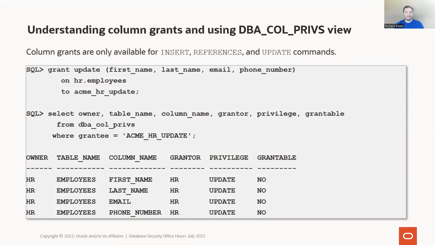So you can grant update on just those limited columns to a role, and then you can verify that by looking at that DBA_COL_PRIVS view. Okay, so a handy capability there that when we were talking about roles, I can limit even further what can be done on some of these objects in my application schema. Okay.